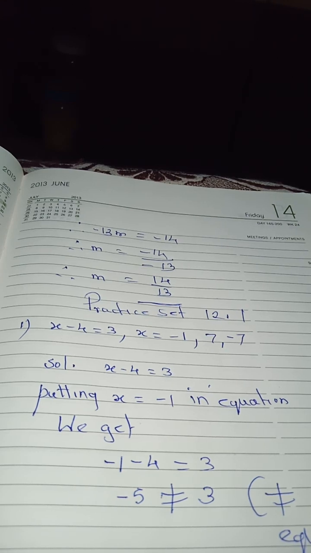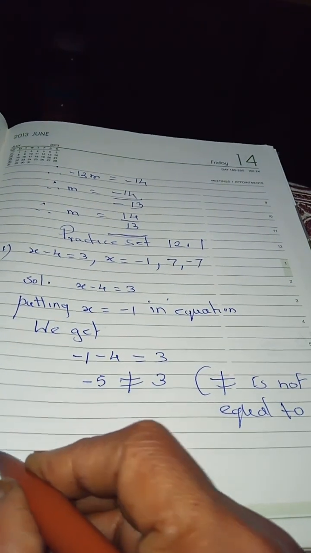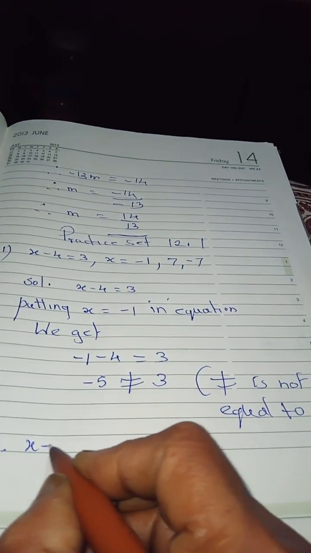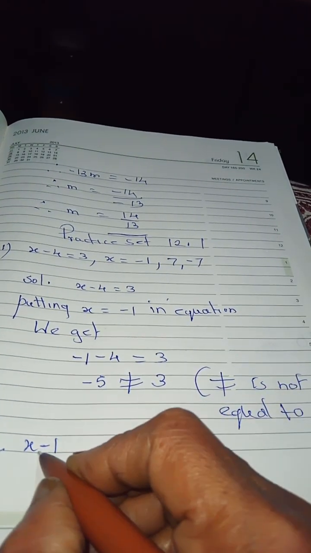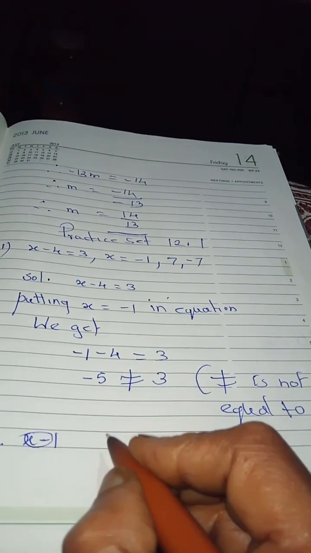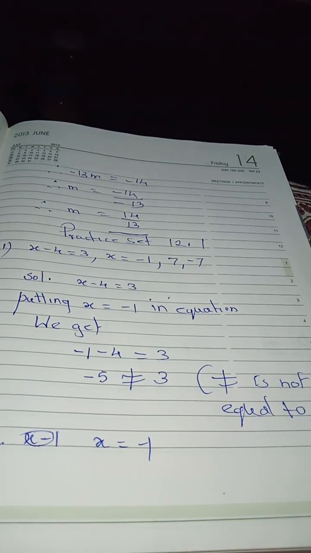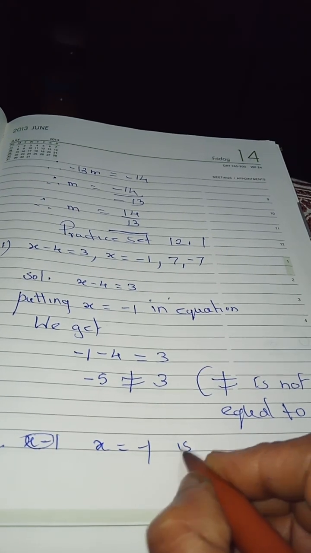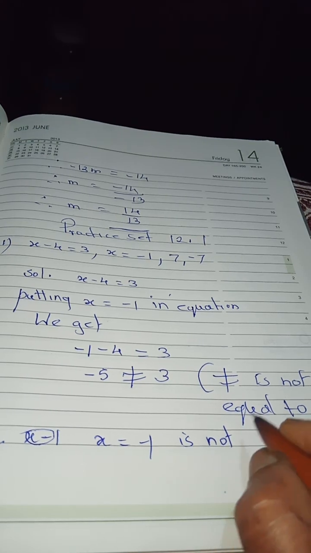So what we have to write now, therefore, this is a very, very important sentence you have to write. Therefore, x is equal to minus 1 is not a solution of the equation.